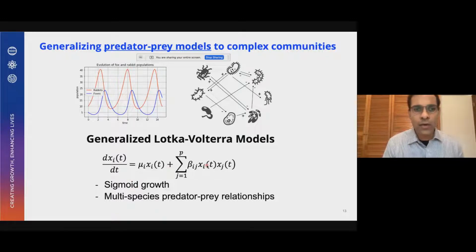And in addition, a whole bunch of interaction terms over all other species, j equals 1 to p, of beta_ij, which is the interaction term, times x_i(t), which is obviously the abundance of species i, but also the abundance of species j, which might be influencing the abundance of species i. So this is a very simple linear relationship. To a first approximation, quite useful. Of course, also, only pairwise interactions are modeled here.